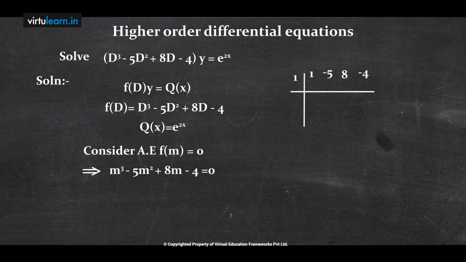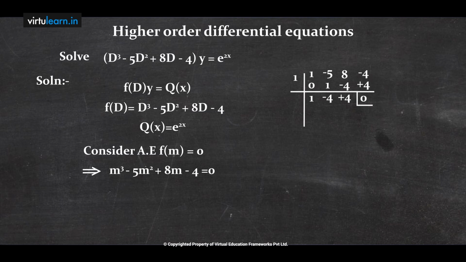That's why I am trying with 1. 1 into 1 is 1, minus 5 plus 1 is minus 4, minus 4 into 1 is minus 4, 8 minus 4 is plus 4, plus 4 into 1 is plus 4, minus 4 plus 4, the last term should be 0.